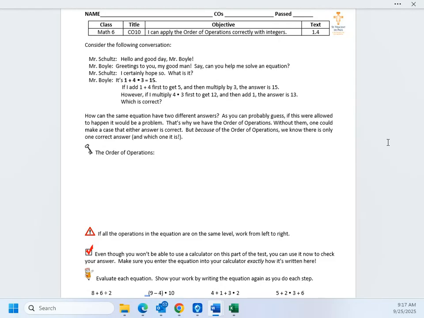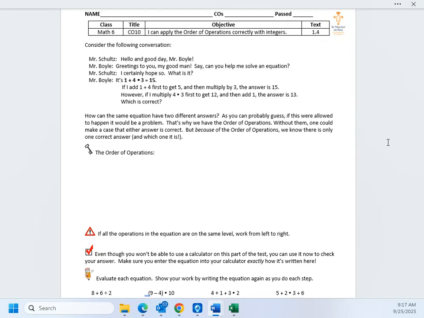If I add 1 plus 4 first to get 5, then multiply by 3, the answer is 15. However, if I multiply 4 times 3 first to get 12, and then I add 1, the answer is 13.